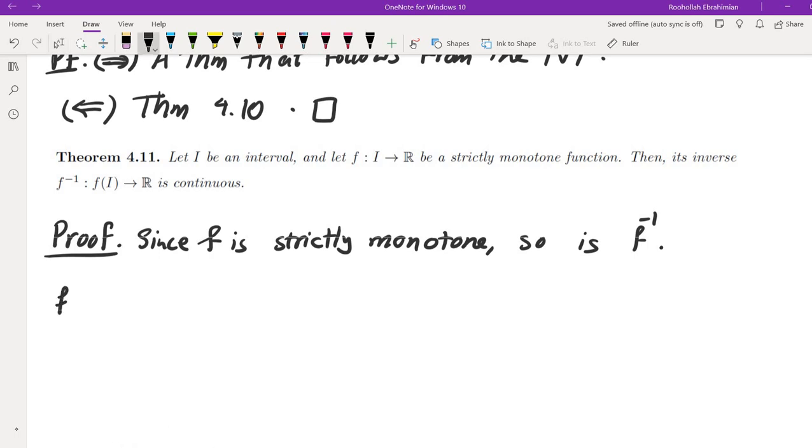Now if you look at the image of this, f inverse of f(I), this is exactly I. Again, this is an exercise from introduction to proof, which is an interval.